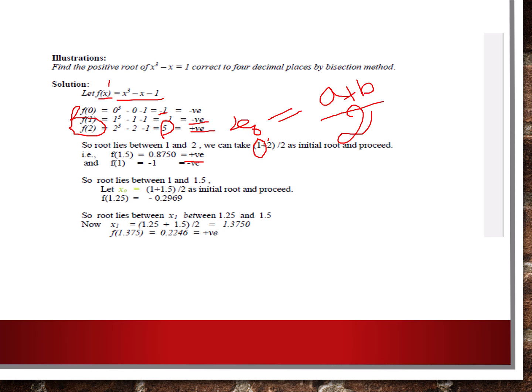Next, the value x1 equal to 1.25 plus 1.5 divided by 2 equal to 1.3750. Apply for the function f of 1.375 equal to 1.375 whole cube minus 1.375 minus 1. The value is 0.2246. The positive sign.